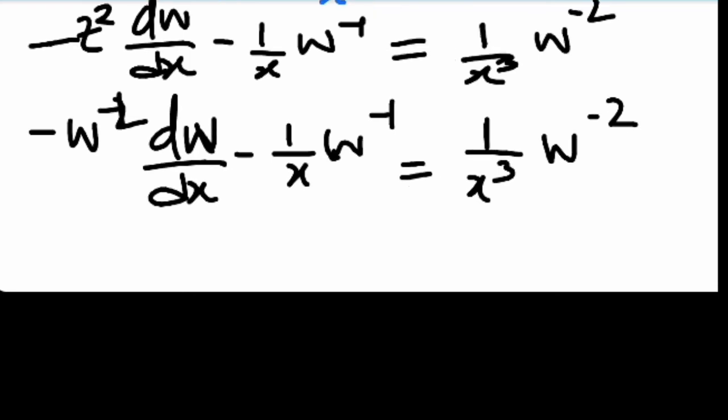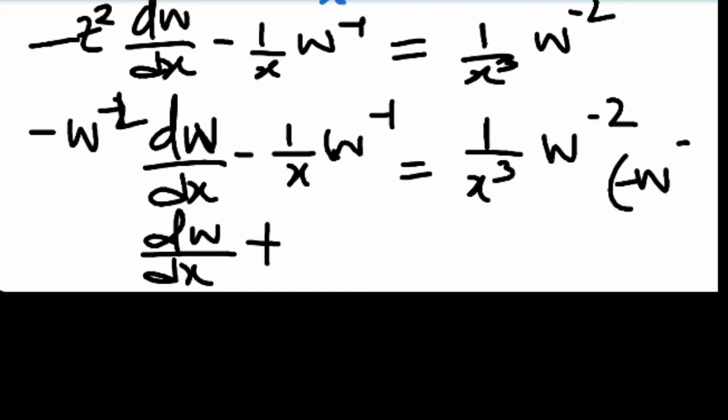So multiplying through by minus w squared, we have what? I just want this to become 1. So we have dw by dx plus, because minus times minus becomes plus, and multiplying by minus w squared, just keep this in mind. So this becomes plus 1 over x remains the same.